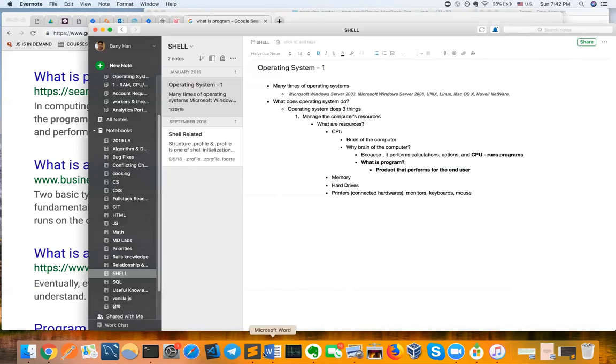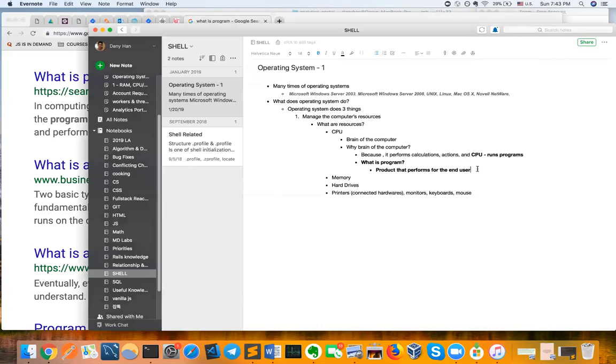So a program is basically a product that somebody created, and it actually performs for the user. What kind of performance it does depends on the nature of the product, right? Just like anything else, if it's apple juice or orange juice, or if it's a browser, or if it's Skype, it has different functionalities.